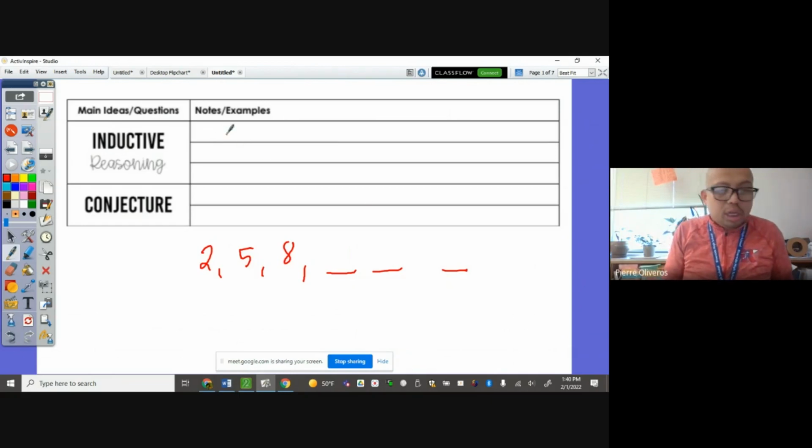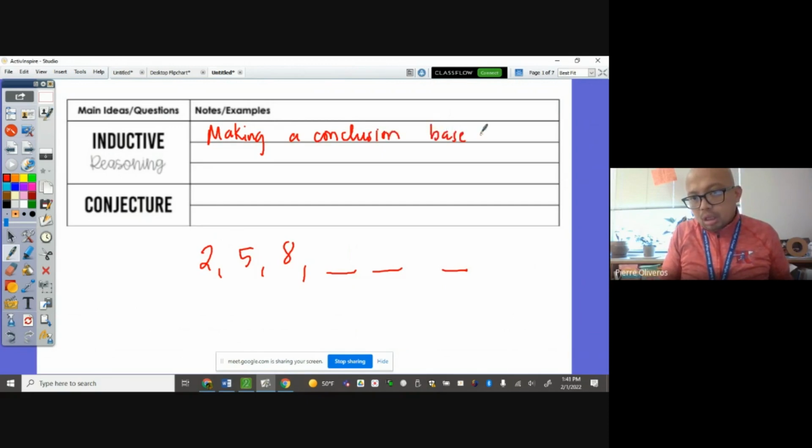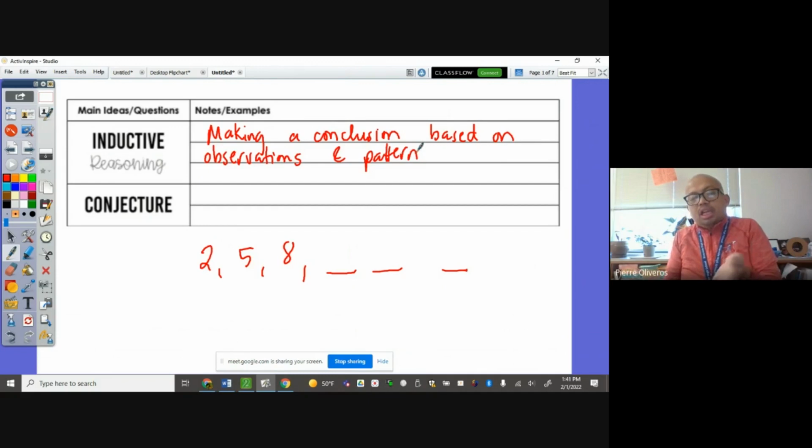So inductive reasoning is making a conclusion based on observation and pattern. Right now we have 2, 5, 8, and we're trying to get the next few numbers.